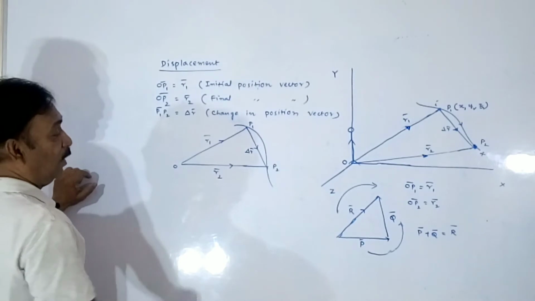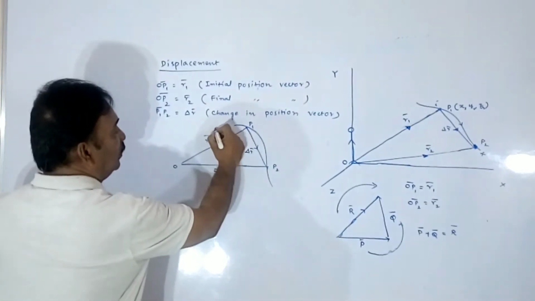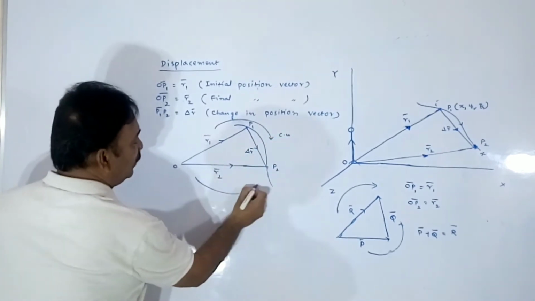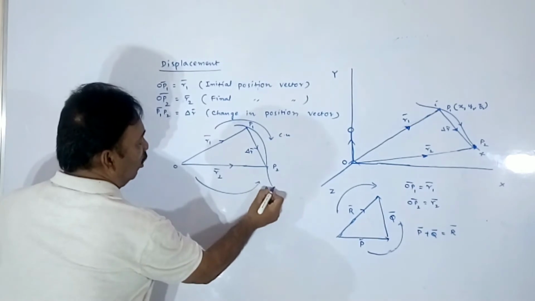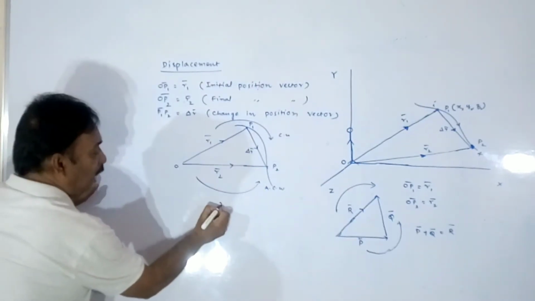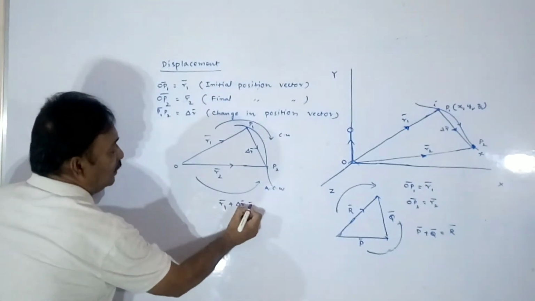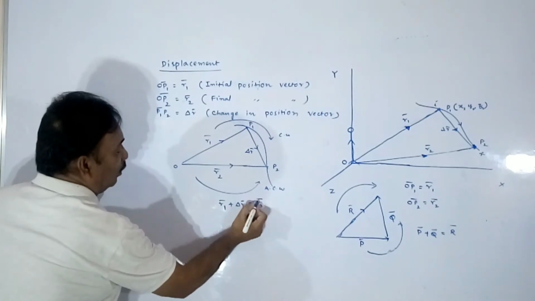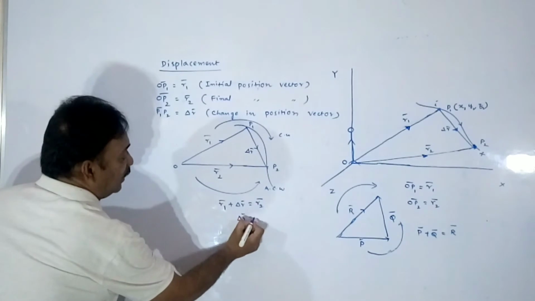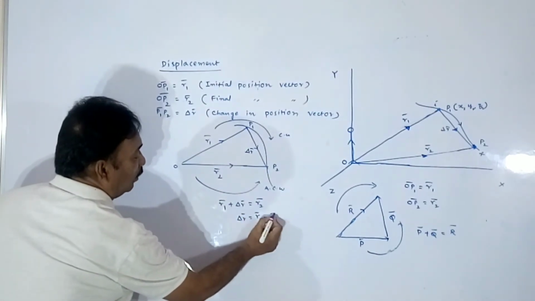Here I am adding R1 bar plus delta R. See this? These two are in clockwise and this resultant is anti-clockwise. Getting me? That is, I can write R1 bar plus delta R bar is equal to R2 bar, or delta R is equal to R2 bar minus R1 bar.